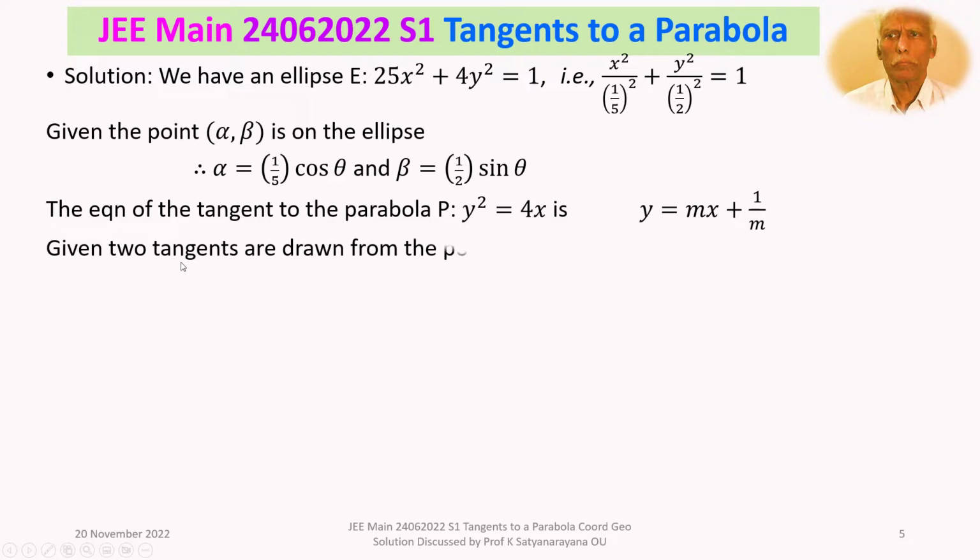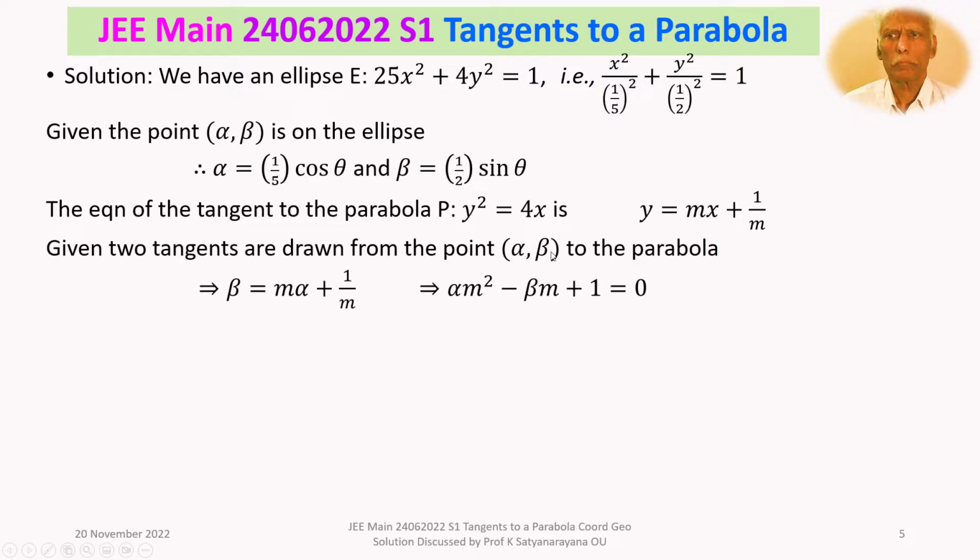Now, given two tangents are drawn from this point (alpha, beta) to the parabola, therefore (alpha, beta) lies on these tangents, therefore (alpha, beta) satisfies this equation. So substitute y is equal to beta, x is equal to alpha.